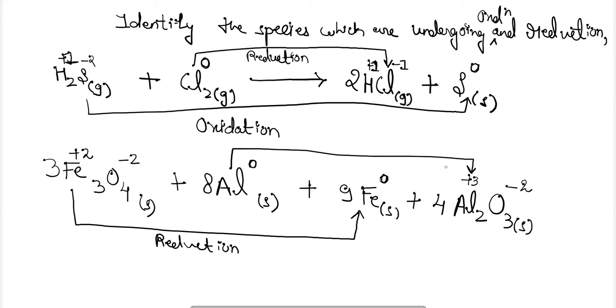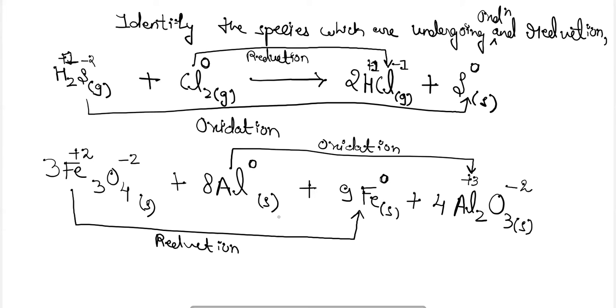And in the case of aluminium, we can observe that the oxidation state has increased from 0 to +3. So it means that the oxidation process has taken place here. Iron has been reduced to form solid iron, and solid aluminium has been oxidized to form aluminium oxide, while the oxidation state of oxygen is -2 in both cases.